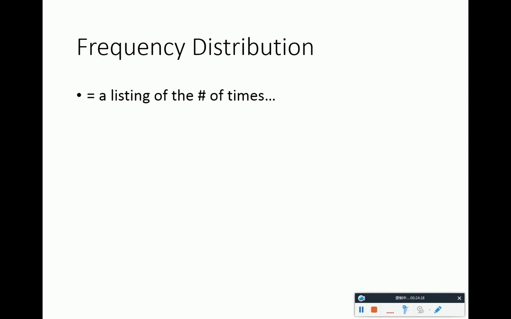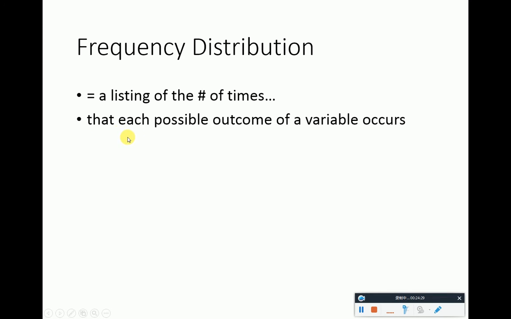All right, so now we can have a more formal definition of what we call frequency distribution. So frequency distribution is essentially to list the number of occurrences, right, or the number of times that an outcome of a variable occurs. Okay, an outcome simply means a value that this variable can take, right?